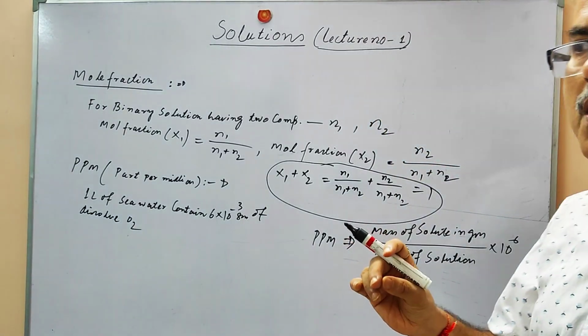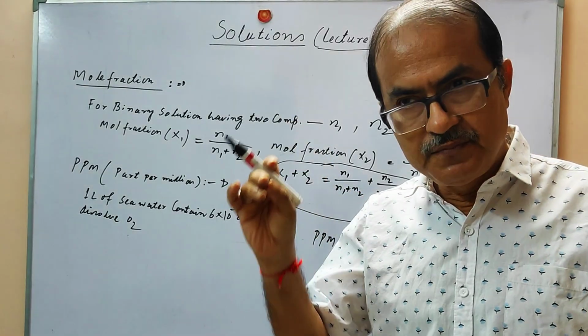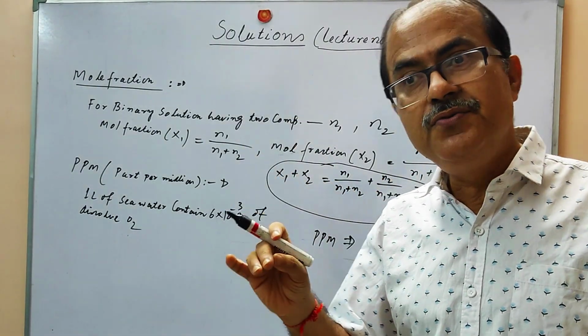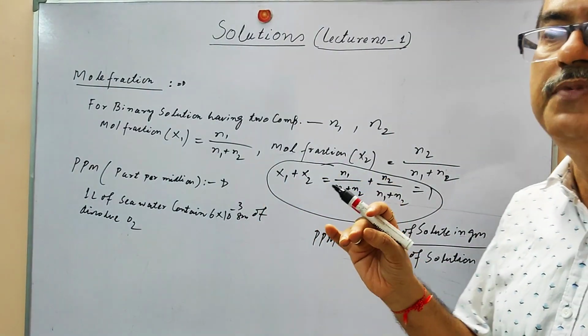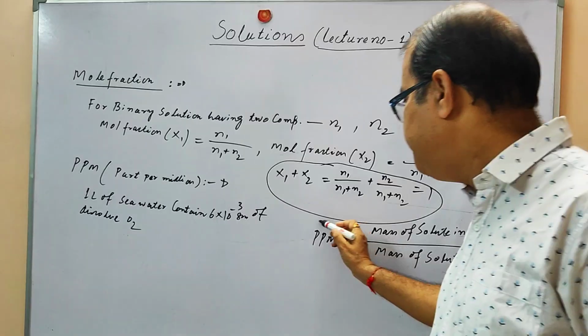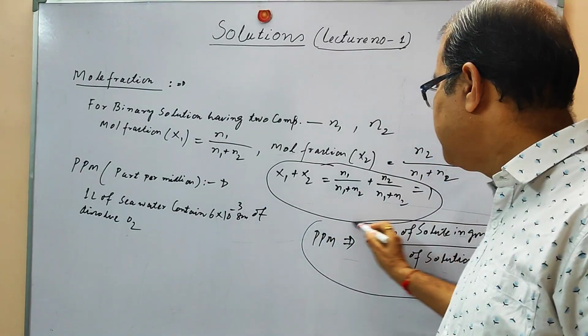It means the amount of solute in gram present in a million parts by weight of the solution. It is called ppm, parts per million.